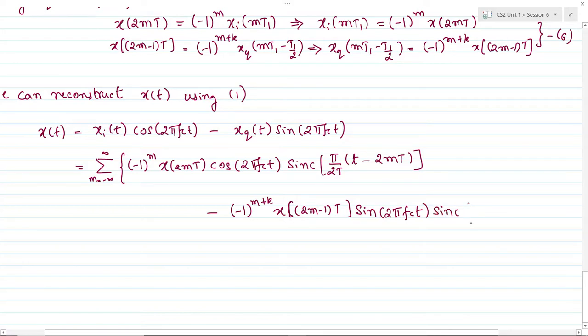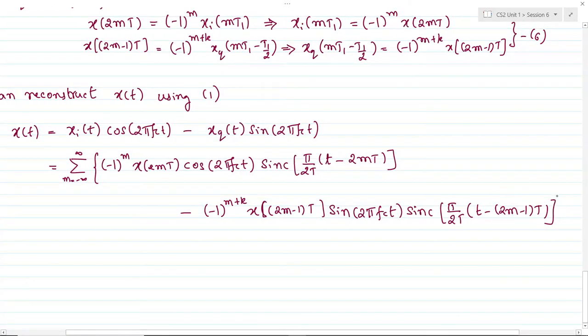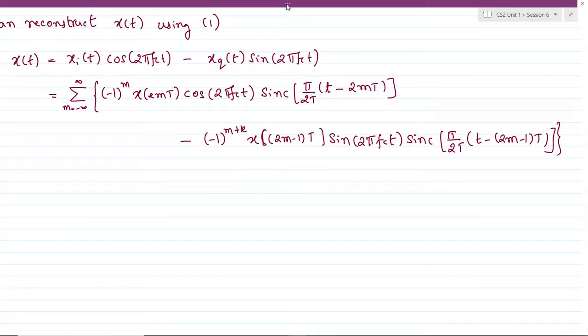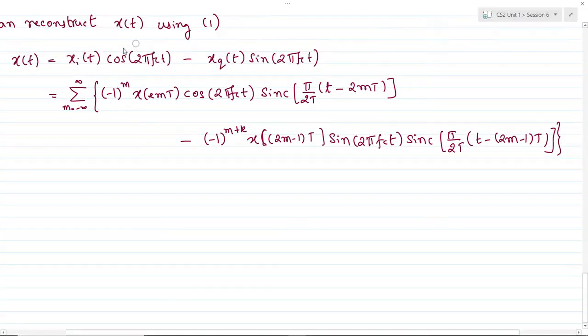Of course, the summation over m is for both the terms. Now if you carefully observe, we can club a few terms here. This minus 1 per m and cos 2 pi fct can be clubbed together and simplified in this fashion.